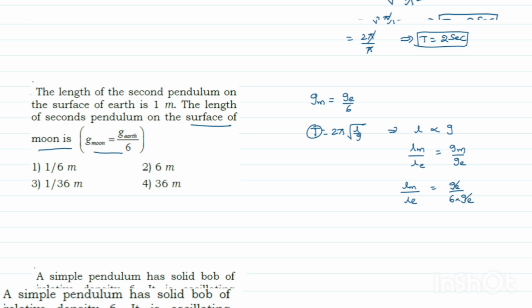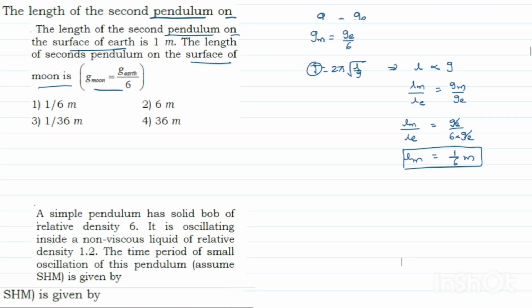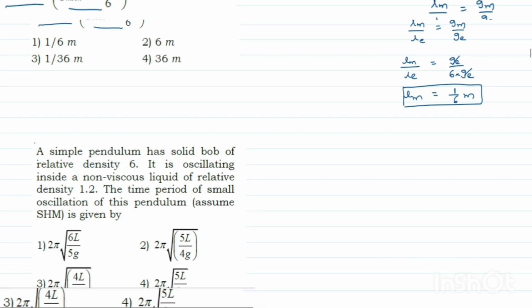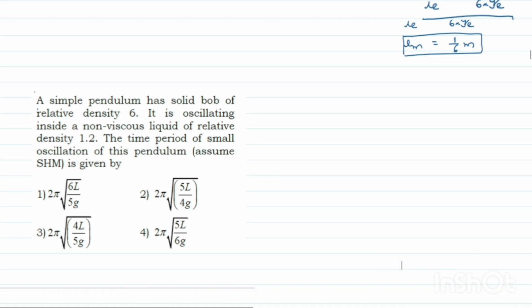Here the length of the second pendulum on the surface of the earth is given as 1, so we get 1 by 6 meter. So a second pendulum length is given as 1 meter, and we just calculated the length of the second pendulum on the moon, it will be 1 by 6 meters.